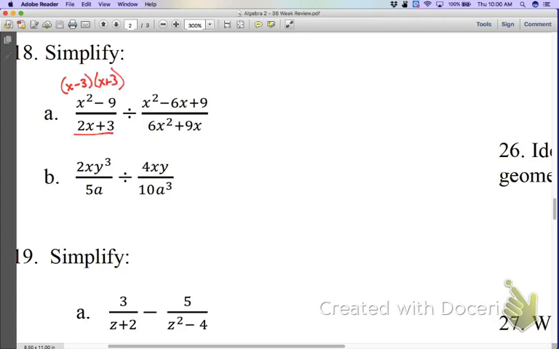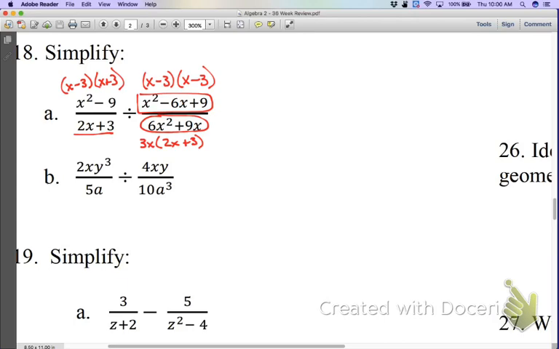I can't do anything here. I'm going to factor the top right and have x minus 3 and x minus 3 again. Then I'm going to factor the bottom right. I can take out a 3x, leaving me with 2x plus 3.